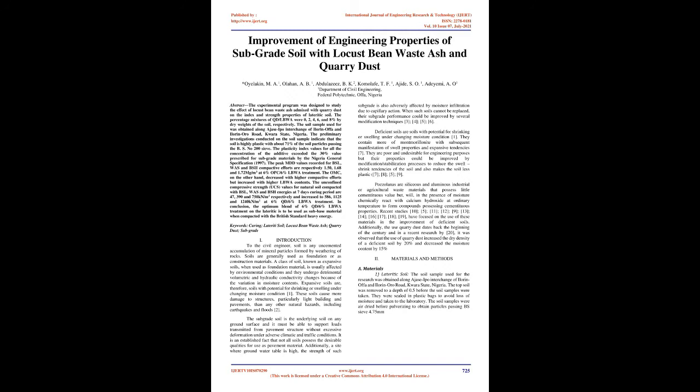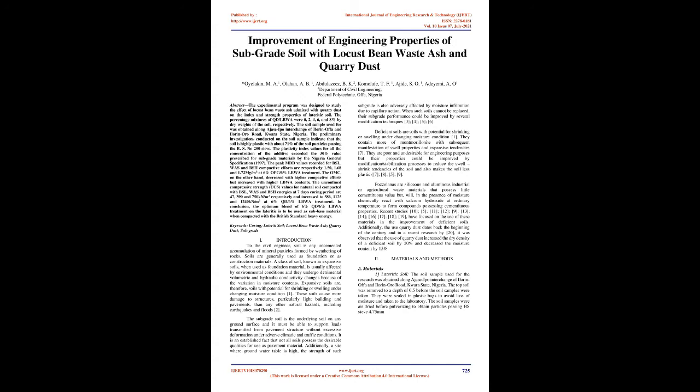The unconfined compressive strength, UCS, values for natural soil compacted with BSL, WAS and BSH energies at 7 days curing period are 47, 390 and 750 kN/m2 respectively and increased to 586, 1125 and 1240 kN/m2 at 6% QD/6% LBWA treatment.